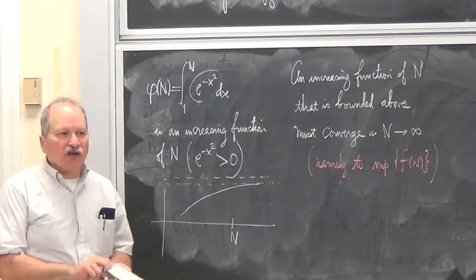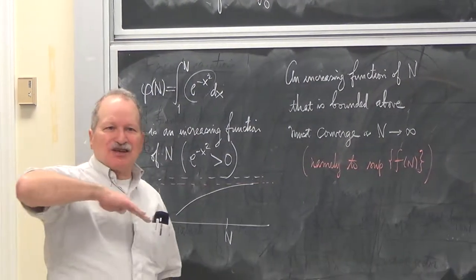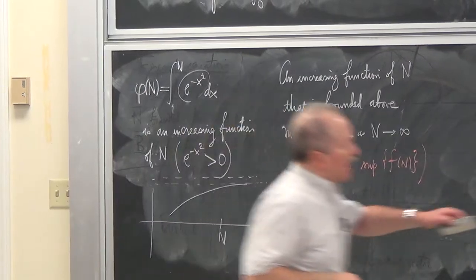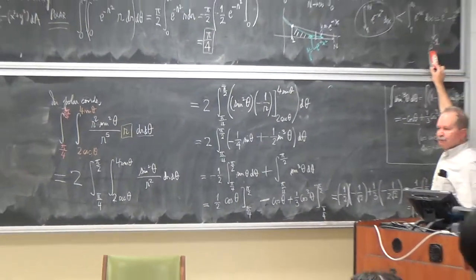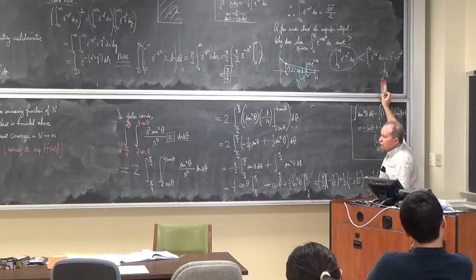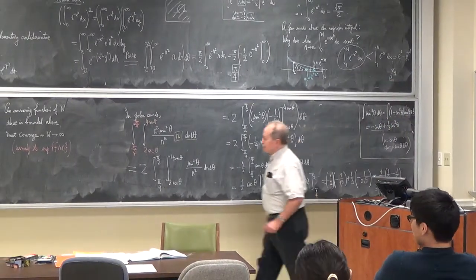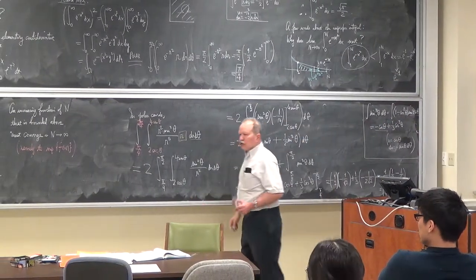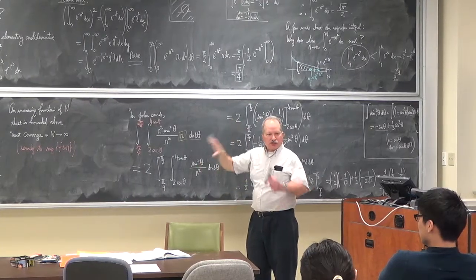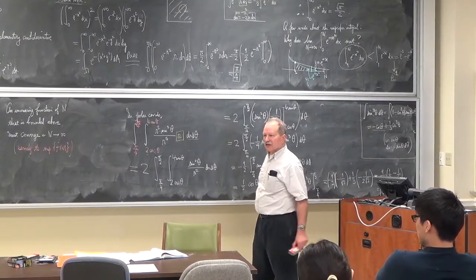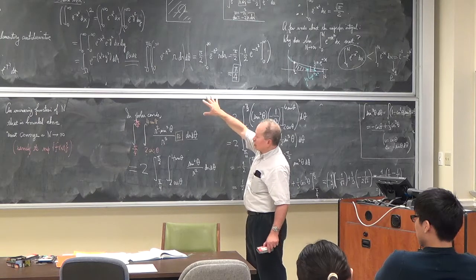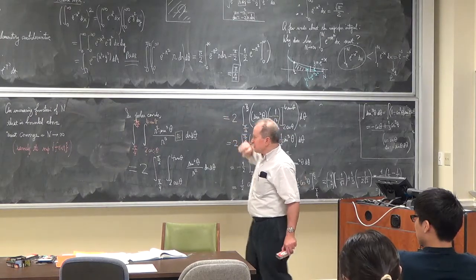So what makes all the comparison tests work is we have an increasing function that has an upper bound, in this case given by that, so it has a limit. And for the double integral, you can play a similar game looking at squares or circles or something to see that this double integral actually exists in the proper sense.